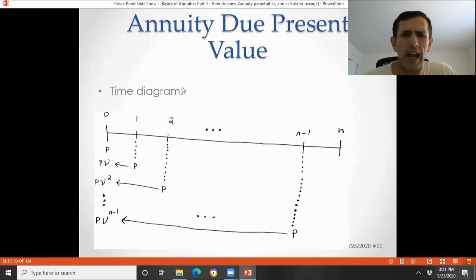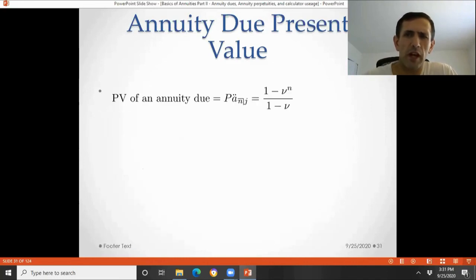So you just add all this up and use your geometric series formula. And my apologies, there should be a P here. So I'll fix that, but there definitely should be a P here.